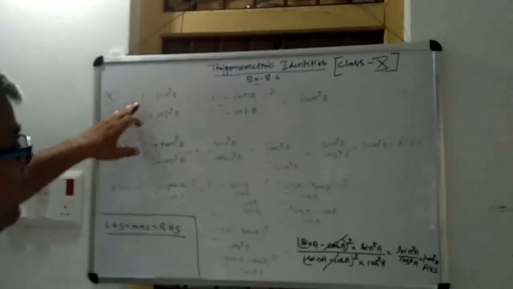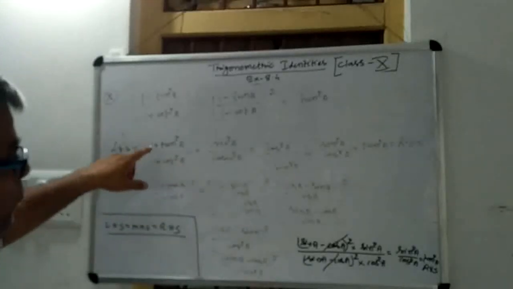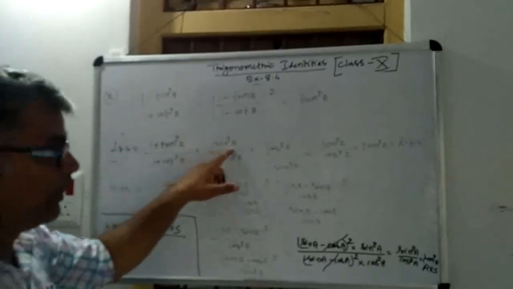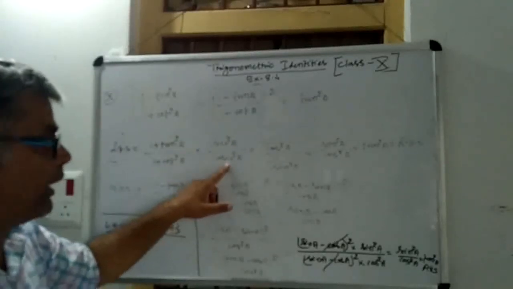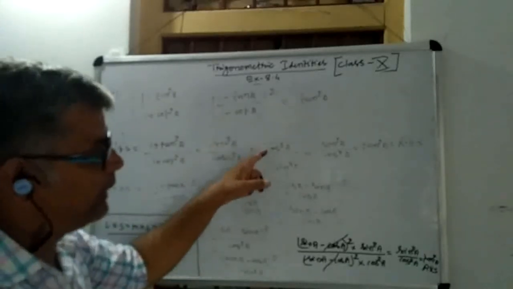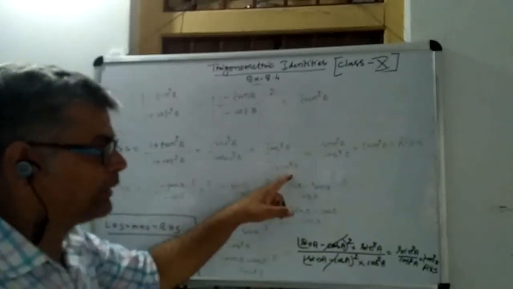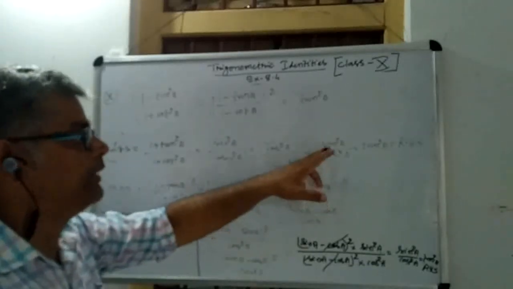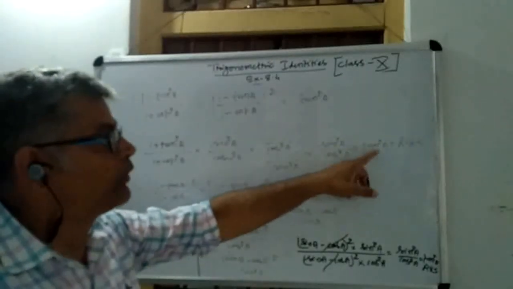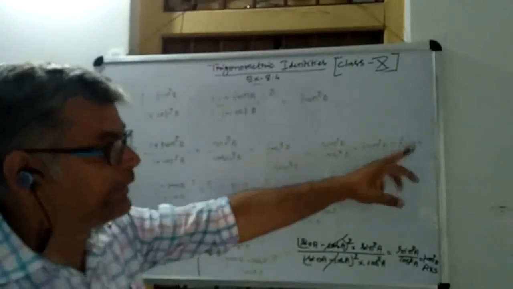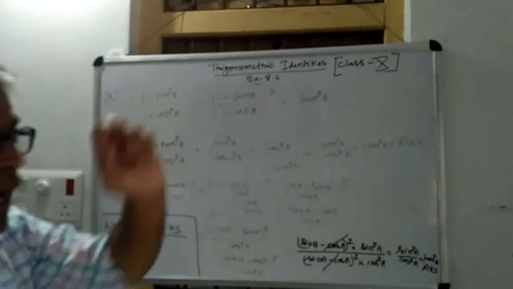First, what we have done, we take LHS: 1 plus tan square A by 1 plus cot square A. We know that 1 plus tan square A is equal to sec square A, and 1 plus cot square A is equal to cosec square A. And sec square A can be written as 1 by cos square A, and cosec square A as 1 by sin square A. And when it gets reversed, you will get sin square A by cos square A, which is equal to tan square A, which is your RHS part. So in this way you got LHS equal to RHS.